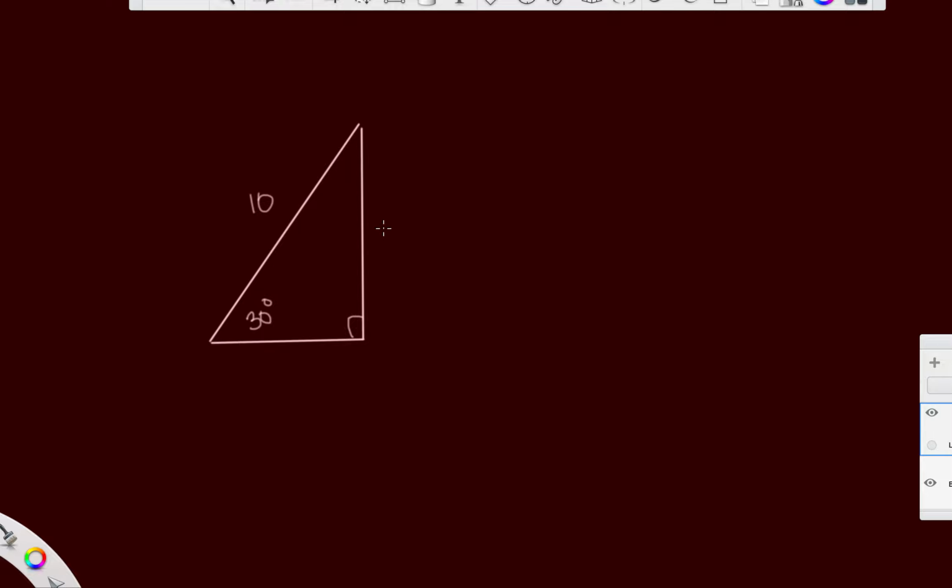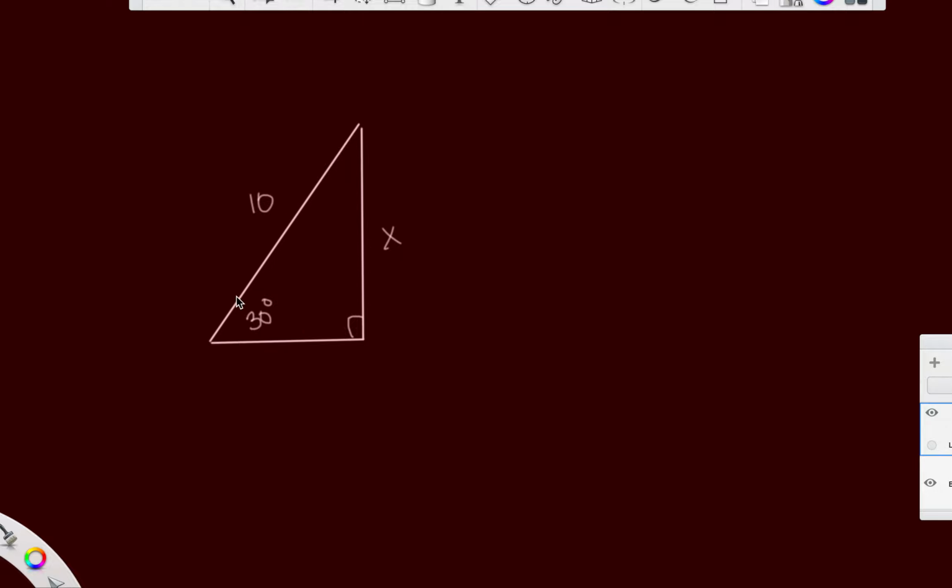It says, let's find the length of this side. And so the easy part of this is we know what the sine of 30 degrees is. But the way to solve a problem like this is if we're looking for this side and we've been given an angle, and this is that building problem that you'll be solving. It's like any problem that you're solving.